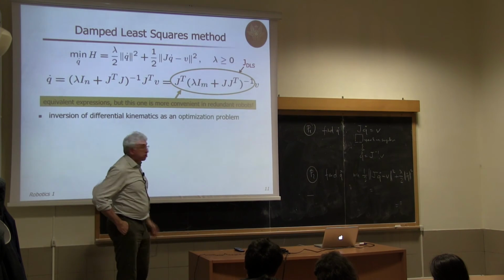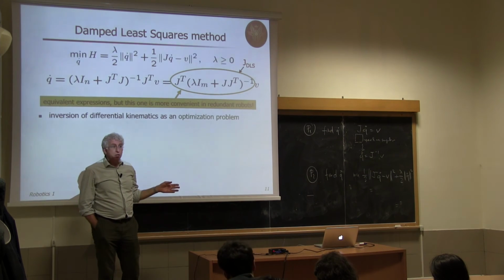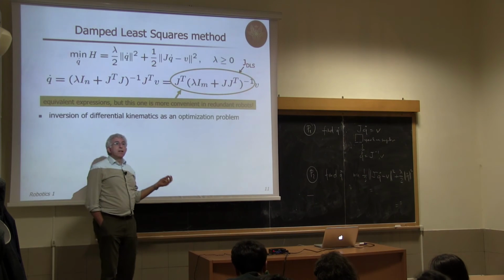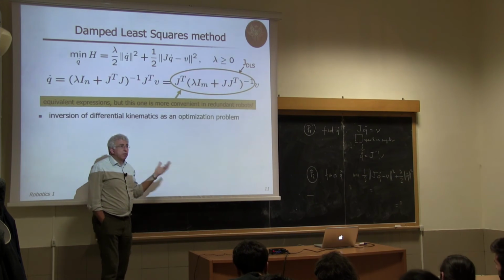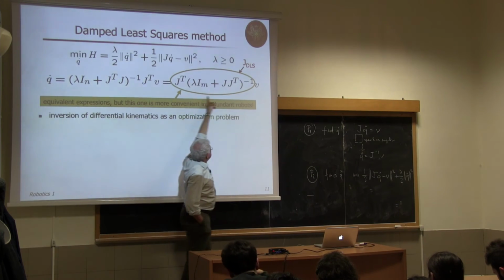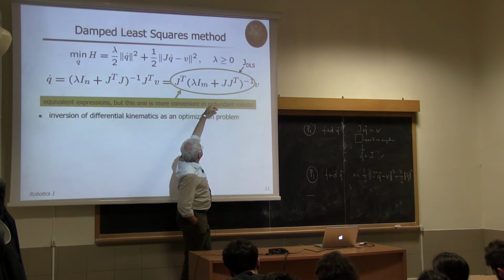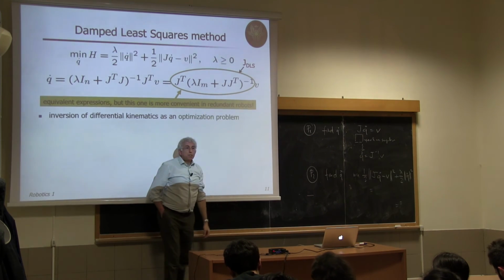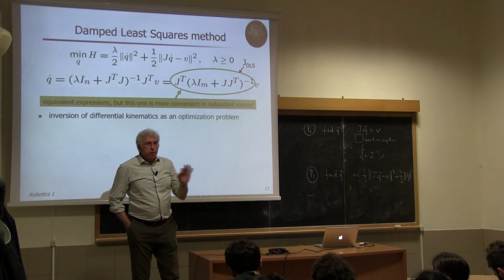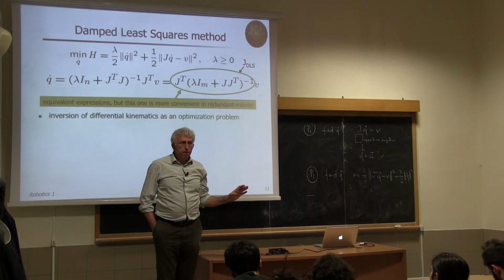Okay? This is a general problem that you find in many other branches of engineering. So here it's nice because you have a physical intuition of what you're doing in the robotic case. Okay. Now, the matrix that you need to invert is this one, J transpose J plus lambda, a positive scalar, times the identity matrix. Now, be assured that this inversion is always feasible.